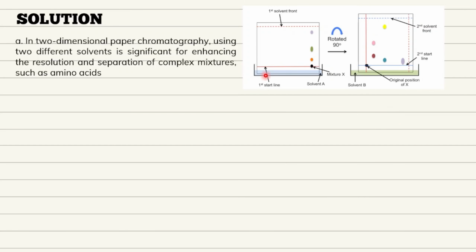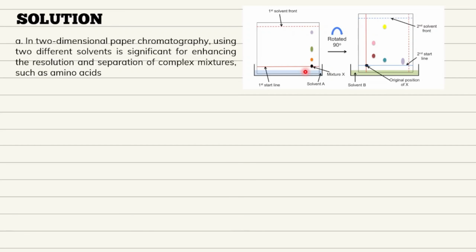But basically, what happens is you run a sample in one solvent, usually an aqueous solvent. So you run a sample, and it would separate into its different components, and then you rotate the paper. You remove it, air dry, and then you rotate the paper 90 degrees and run the same chromatography paper in a different solvent to enhance separation.